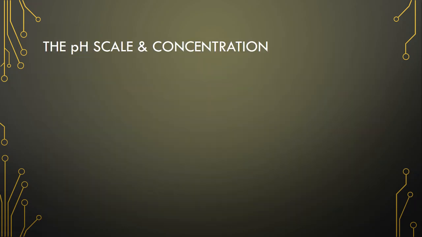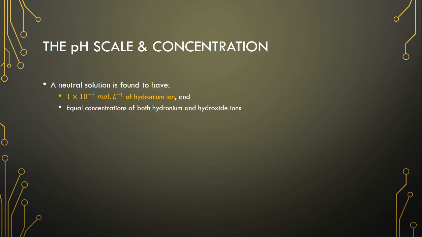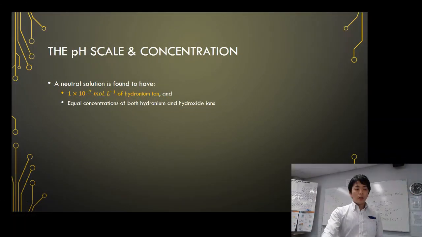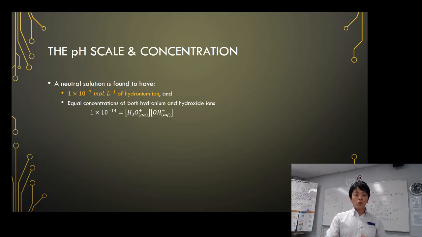So in the previous video, we established that in a neutral solution, there is 1 times 10 to the power of negative 7 moles per liter of hydronium ion or hydrogen ion, they're interchangeable, and an equal concentration of hydroxide ion.